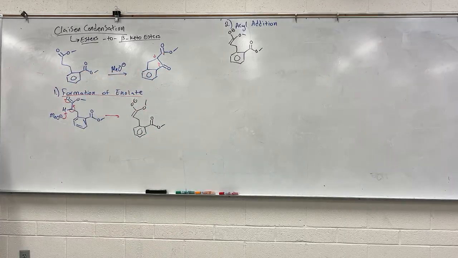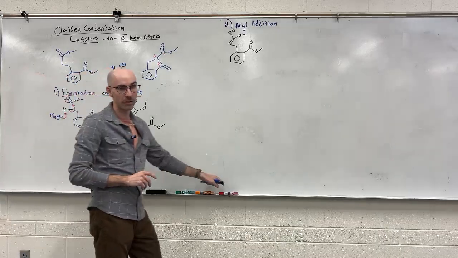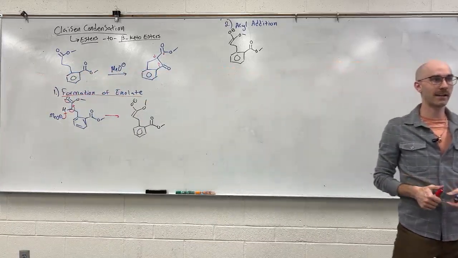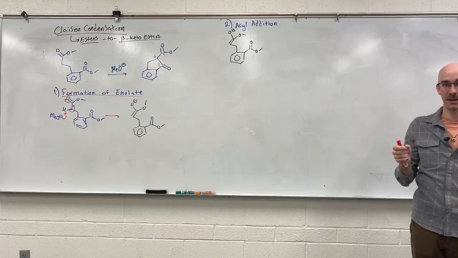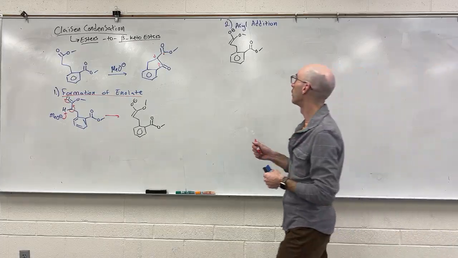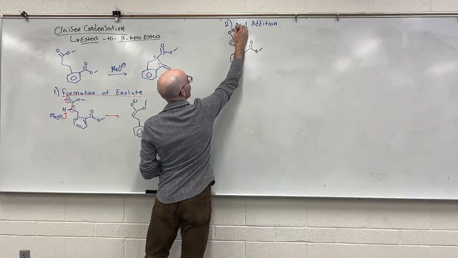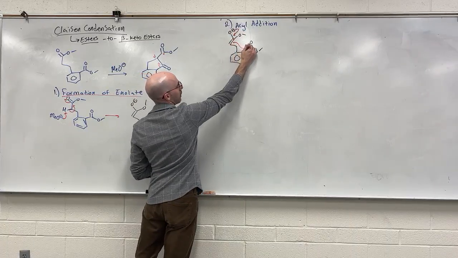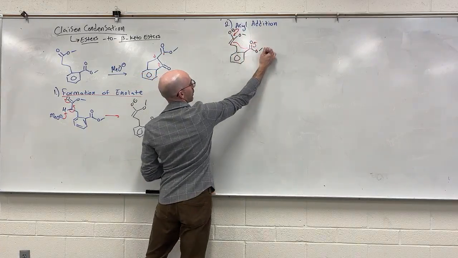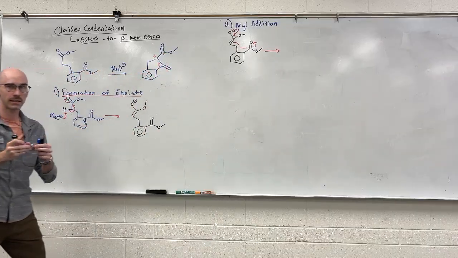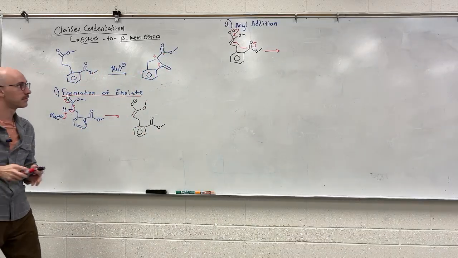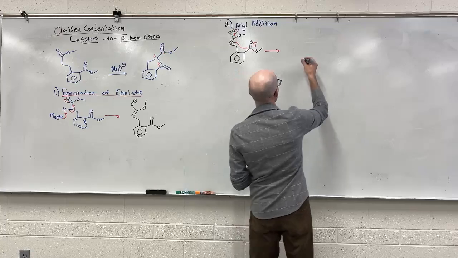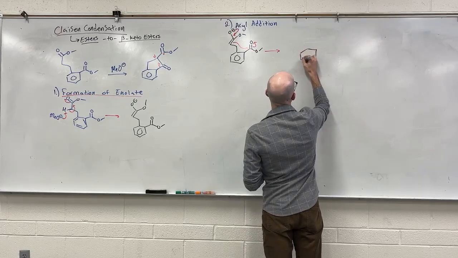Alpha carbon attacks the carbonyl carbon. Did you know it doesn't matter how you draw your arrows here? You could circle them around the paper and then come back so long as they start and end at the right spots. So carbonyl reforms and alpha carbon attacks carbonyl carbon. That's going to generate a new beta carbon. Acyl addition.